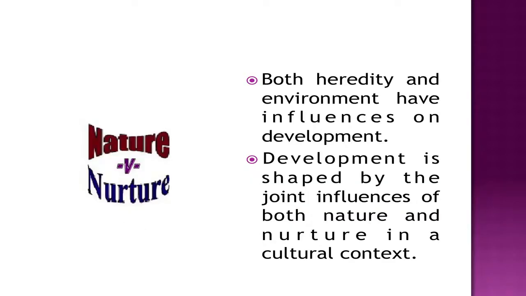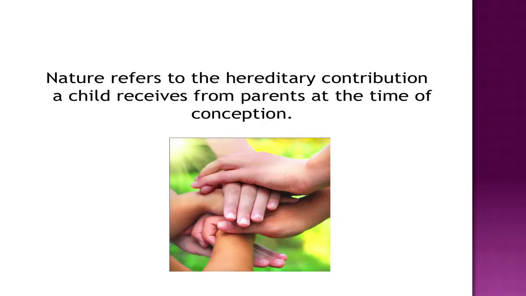Do you know that both heredity and environment have influence on development? Development is shaped by the joint influences of both nature and nurture in a cultural context. Nature refers to the hereditary contribution a child receives from parents at the time of conception.